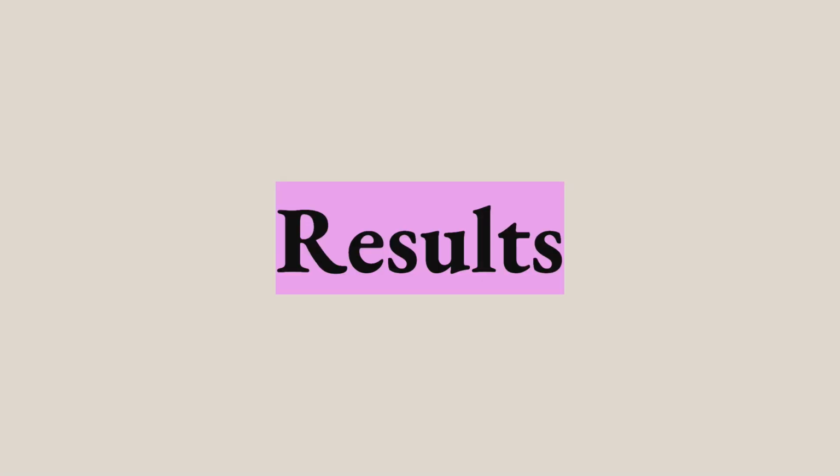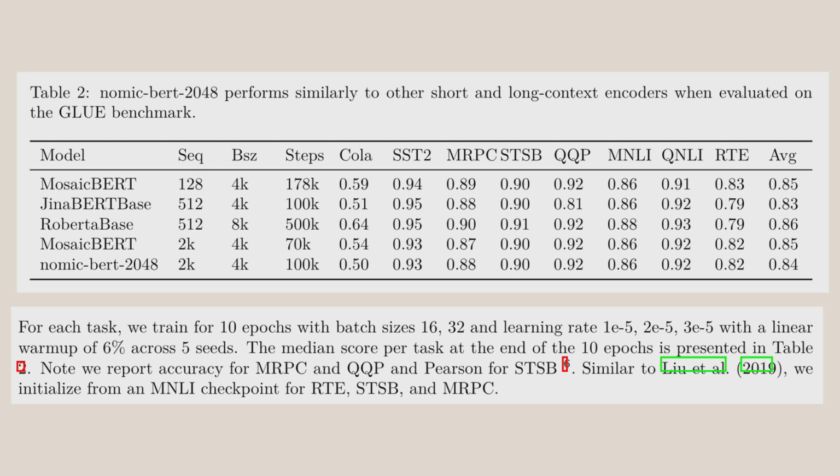All right, so let's dive into some of the results. This is the first stage output of Nomic BERT 2048, and it performs similarly to other short and long context encoders when evaluated on the GLUE benchmark. And this was something I was not familiar with in terms of how the evaluation takes place for the GLUE benchmark.